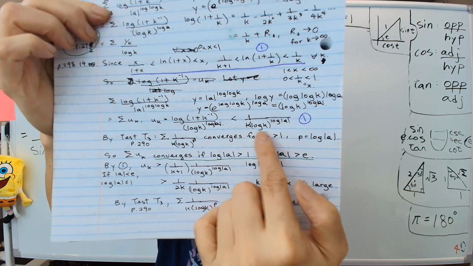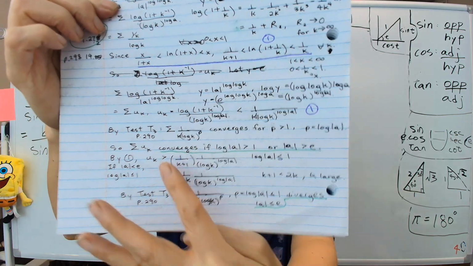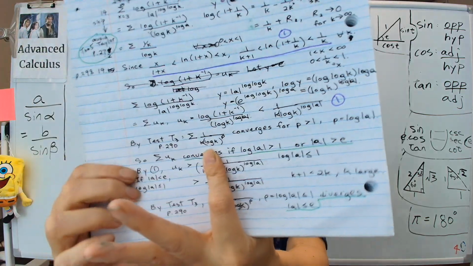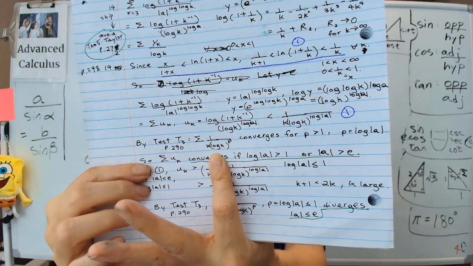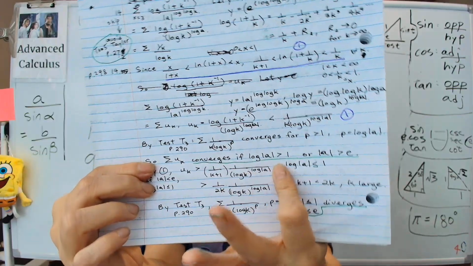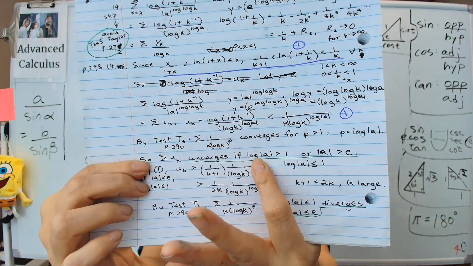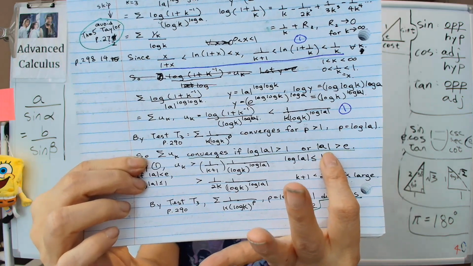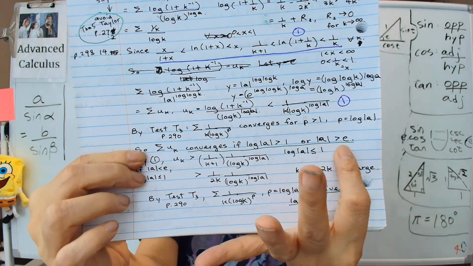So once we got to this point, that looks identical to test T3 on page 290, which converges if p is bigger than 1, and therefore this thing converges. If p, which in this case is log of a, is bigger than 1, which comes out to be if the absolute value of a is bigger than e.